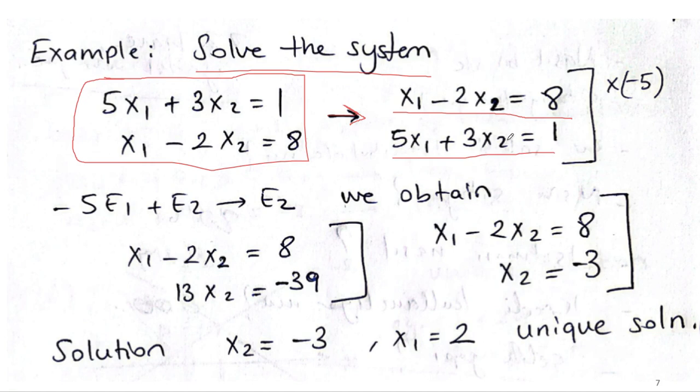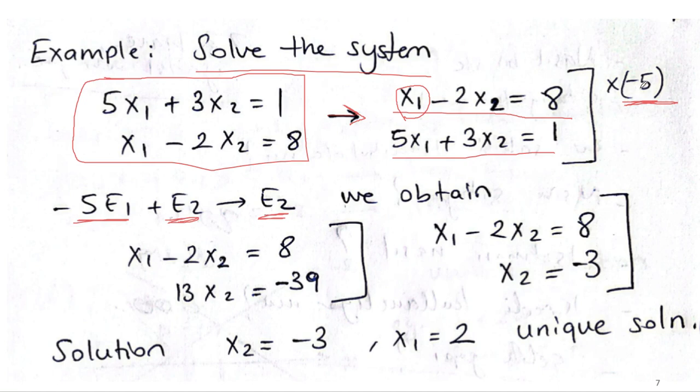And then we can, for example, multiply the first equation by -5. So if I multiply this x1, this is going to be -5 times x1, and then this will be plus 10 times x2, and this will be -40. If I do this operation, multiply this by -5 and then add it to the second equation, and assign this result as the second equation of the system, what do we get?